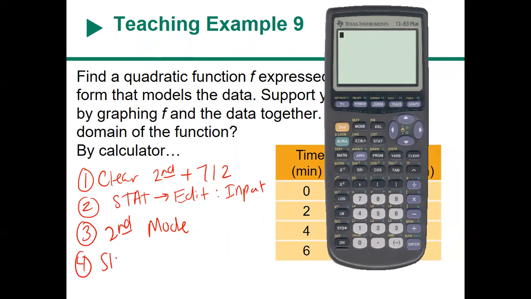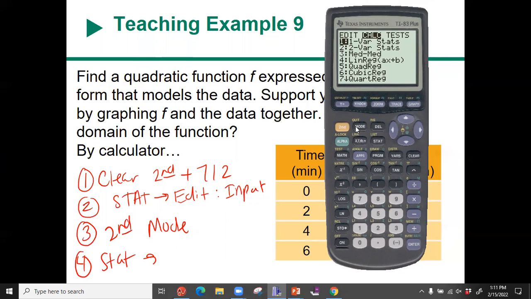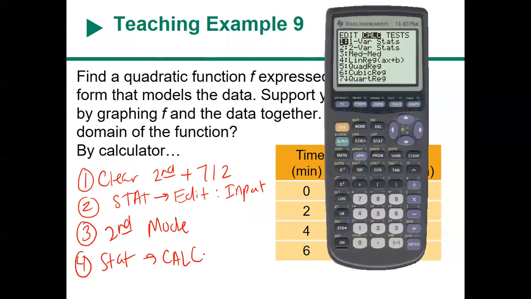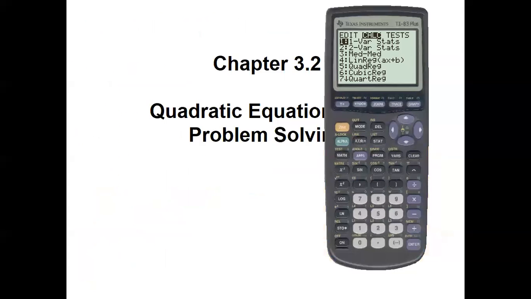Then once you're at stat, you're going to arrow over to calc. Stat, then arrow over to calc. And you're looking for where it says quad reg, quadratic regression. And then you'll hit enter.